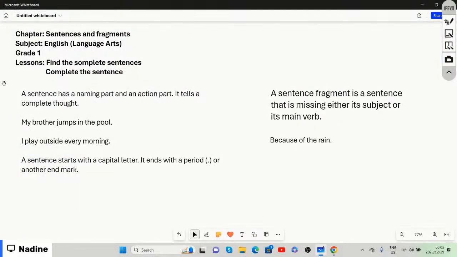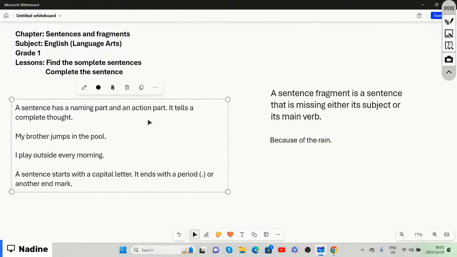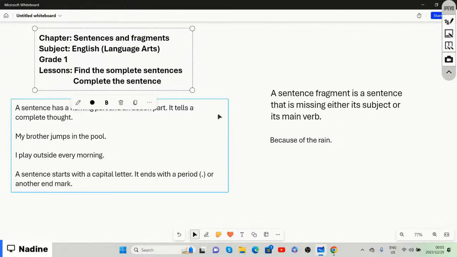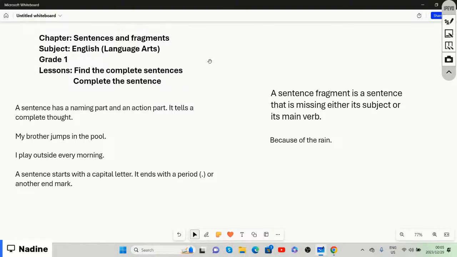So our chapter is sentences and fragments. Our subject is English language arts, grade 1, and the lessons that we are going to be focusing on today under the chapter of sentences and fragments are to find the complete sentences and to complete the sentences.